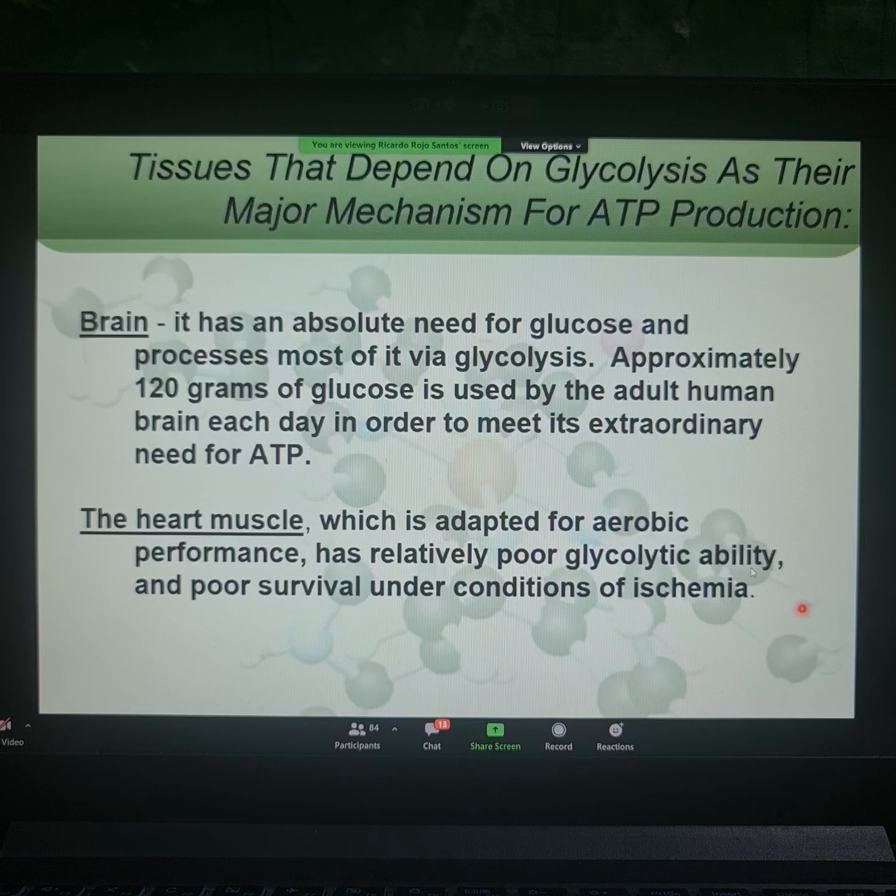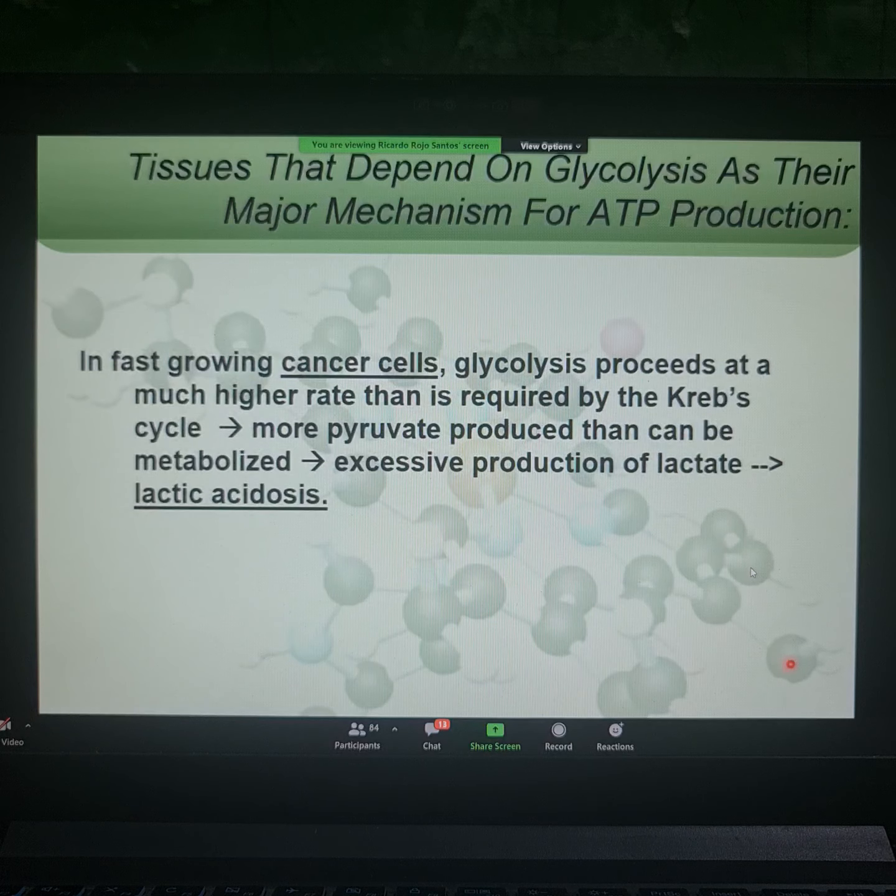Lack of blood circulation into the affected area, okay? Lack of blood supply, lack of oxygen, lack of nutrients, and the muscle can be infarcted, and the person will suffer from myocardial infarction or heart attack.